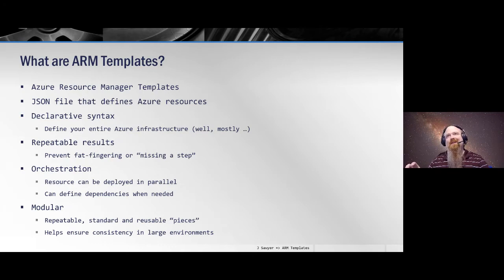There are a couple of things, like if you're getting into API management gateway, where it's a little bit kind of icky. But for the most part, 99.9% of your Azure infrastructure can be defined completely within ARM templates and deployed completely within ARM templates.